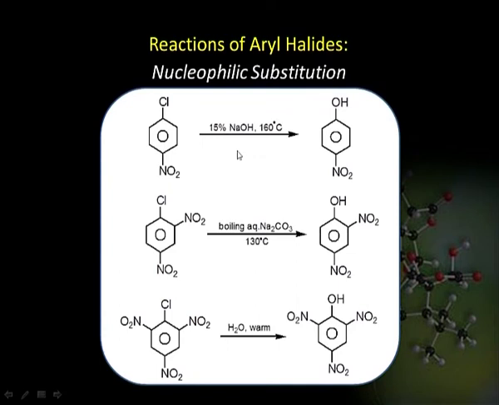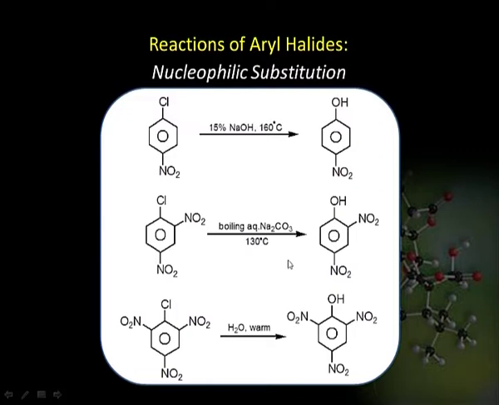If we look into these reactions where we have one nitro group as the substituent, in the other two nitro groups, and then three nitro groups, it is observed that if there is only one electron withdrawing group like nitro, then under very rigorous conditions and a high temperature we get the substituted product, whereas in presence of two nitro groups the conditions get milder.